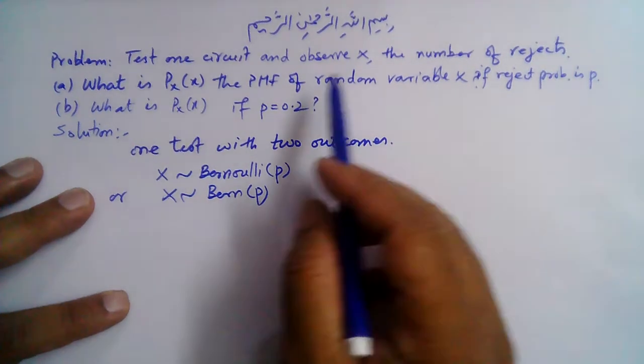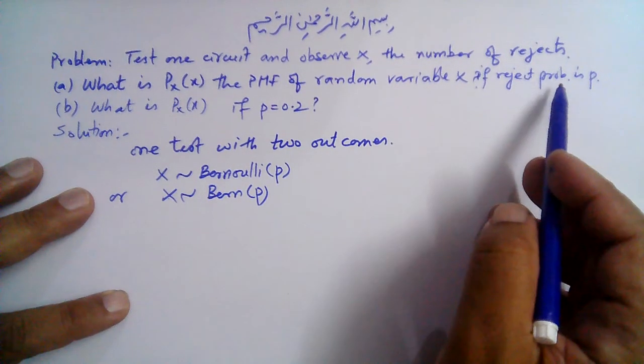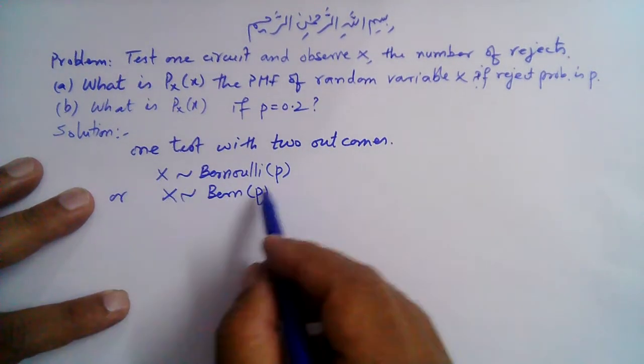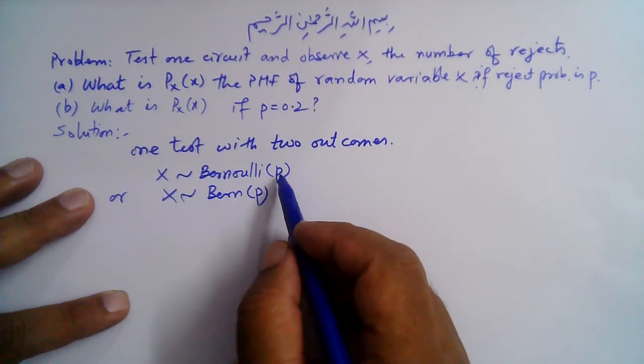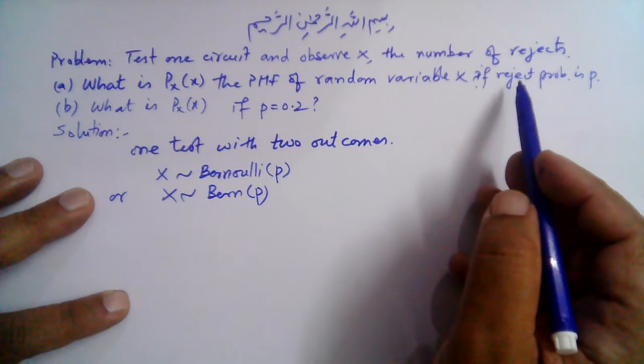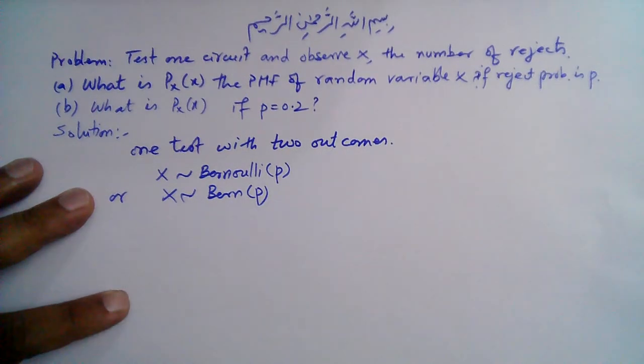In the given problem, p is the probability of rejection. However, when we describe Bernoulli distribution, we say that p is the probability of success. So in this particular problem, the rejection is a success in the context of Bernoulli distribution.